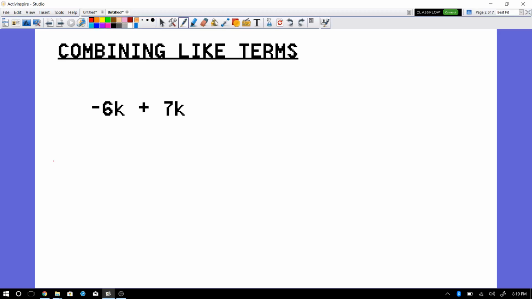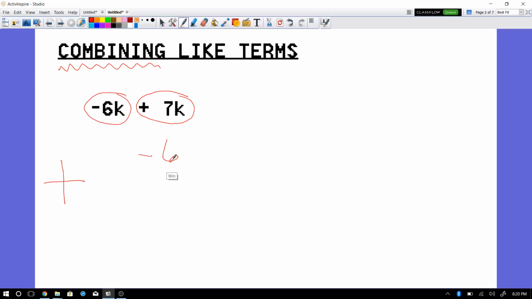Whenever we're talking about combining like terms, you're going to circle the number and whatever matches it in its sign. So you can see that it was a negative 6k, and the operation can also represent what kind of number it is. So that's a positive 7k. Since we know that we're combining all these like terms, everything will be addition.